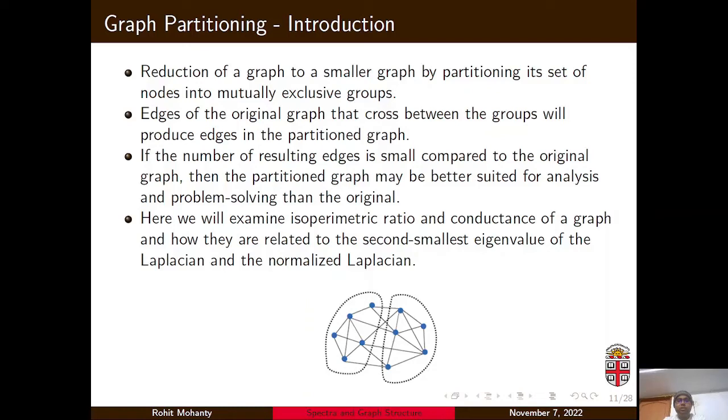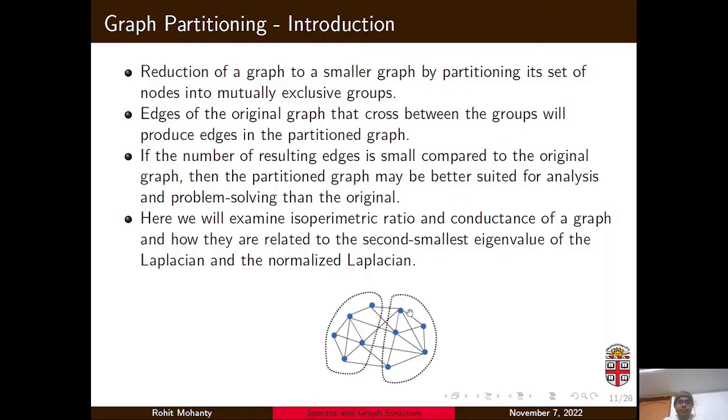Edges of the original graph that cross between the groups will produce edges in the partitioned graph. Now, if the number of resulting edges is small compared to the original graph, then the partitioned graph may be better suited for analysis and problem solving than the original graph.